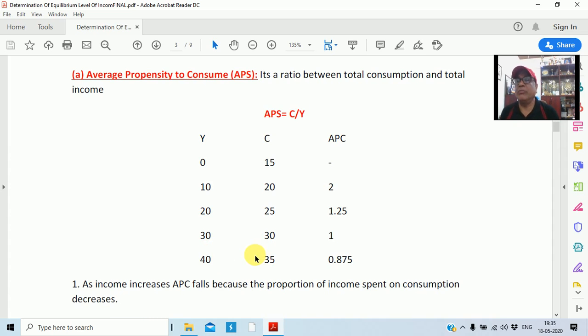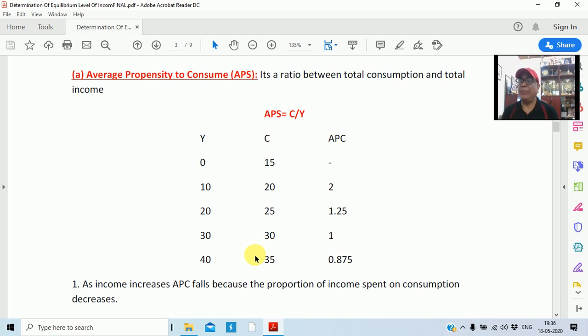In very simple words, what does APC indicate? If you have been given APC, it means what percentage of total income in that economy the people are consuming. For example, if your APC is 0.5, it means that people are consuming 50% of the income in the economy, and on the other side, 50% they are saving.